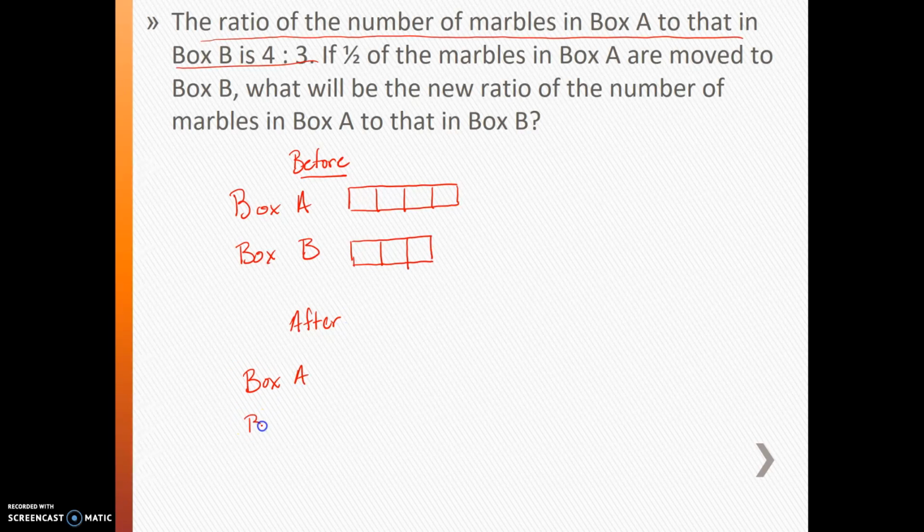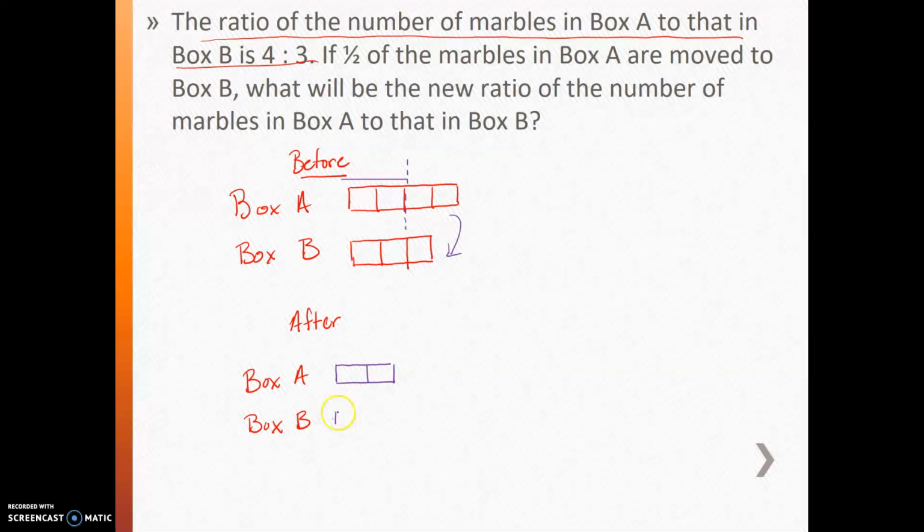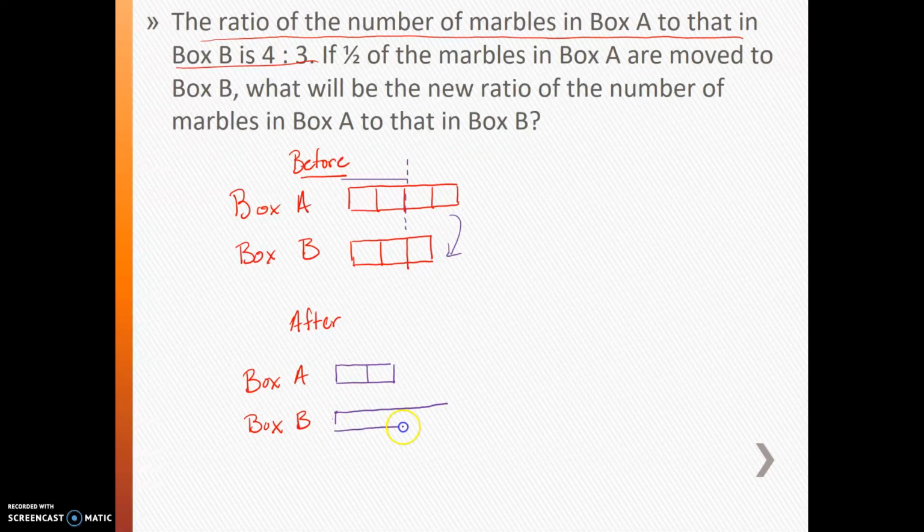Okay, so let's take a look at what's going to happen here. So we've got box A and box B. And box A is going to give half of its marbles away to box B. So if box A gives half of its marbles away, half of 4 units is 2 units. And remember, box A is giving to box B. So box B started off with 3, didn't it?